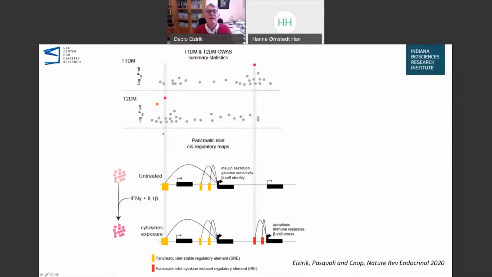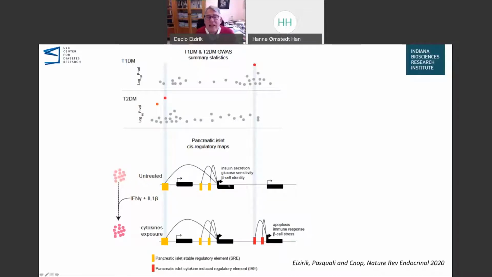Another thing that was interesting, in this and in a subsequent study, when we compared the binding sites of candidate genes for type 1 and type 2, is that in the case of type 2, the binding sites are mostly in islet stable regulatory elements. So they are bound under basal condition, and if you do eQTL, you are able to detect them.